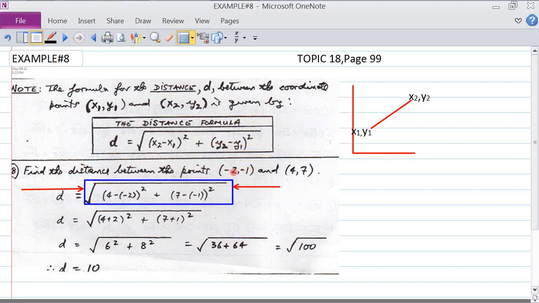As I said, it doesn't matter whether you call this x1, y1 and that x2, y2, or this one x2, y2 and this one x1, y1. It'll still work out. You can't say this is x2 and y1 though. If this is x1, this has to be y1. If this is x2, this has to be y2. The numbers have to go together for the ordered pair, right here. So you can see that. So this completes our discussion of page 99.